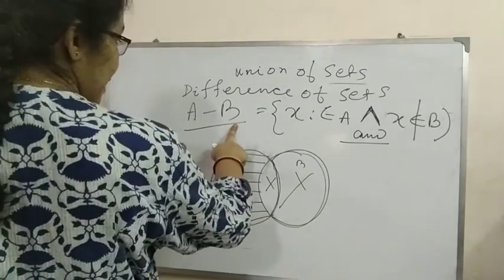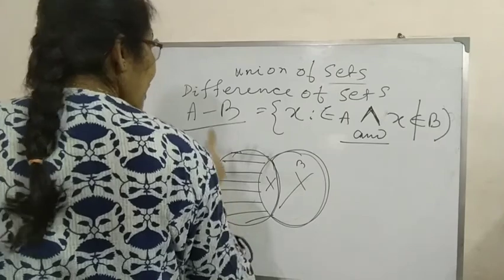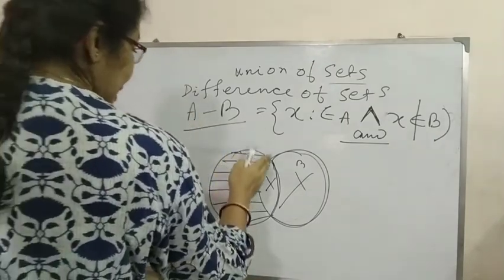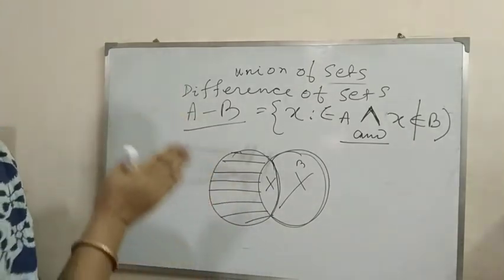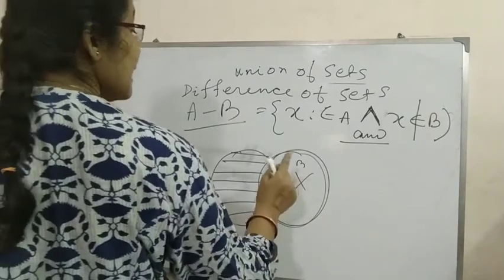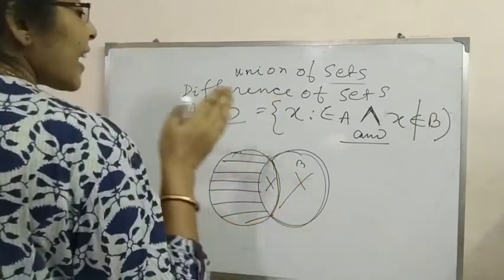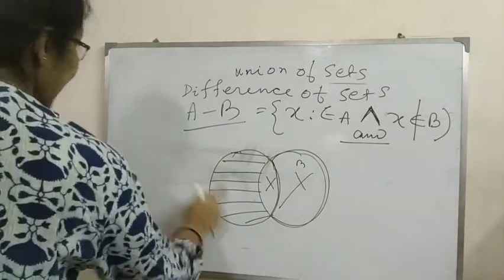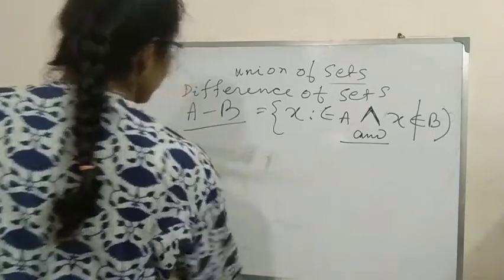A minus B means only elements of A, where the elements of A intersection B, that is the common elements of A and B, and the elements only of B do not exist in A. This is the Venn diagram of A minus B.